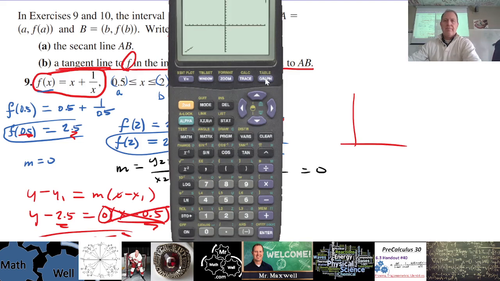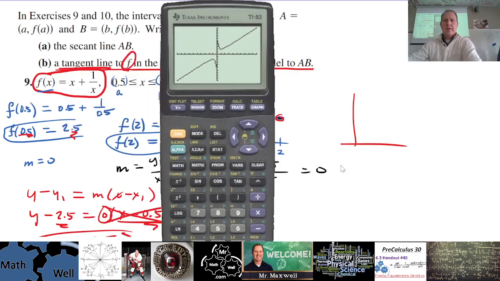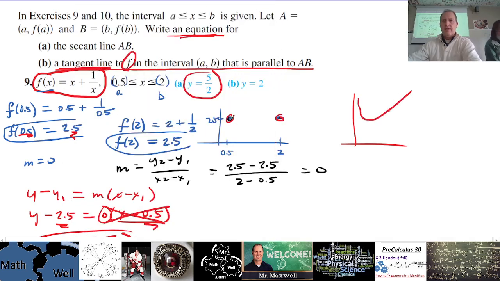And we'll graph that. So here's what it looks like. The graph kind of looks like this, and we need to find out where this has a derivative of 0.